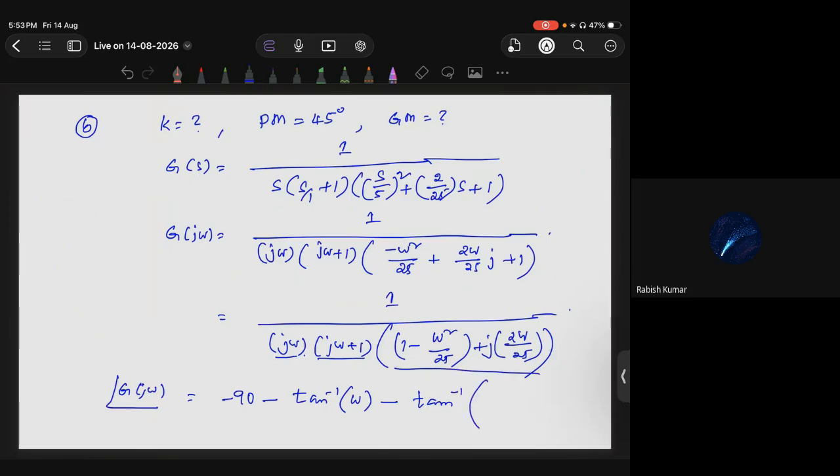Tan inverse of imaginary part by real part, so that will be 2 omega by 25 minus omega square. The 25 will get cancelled. Am I correct? Any doubt in this?